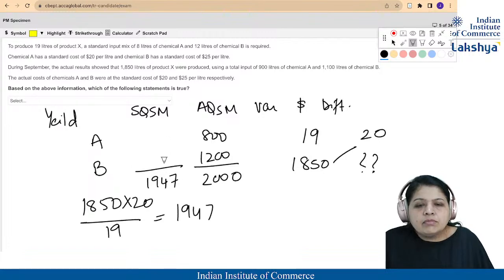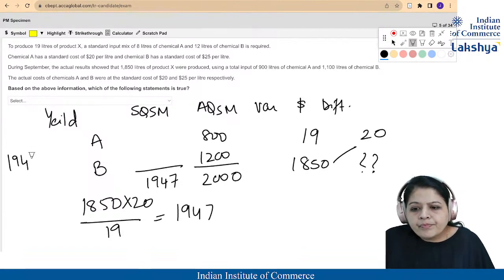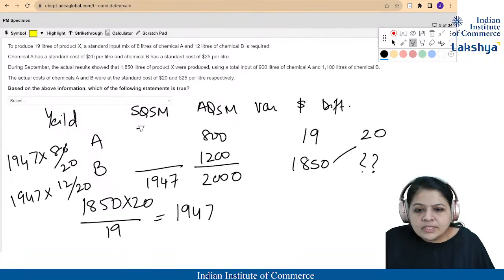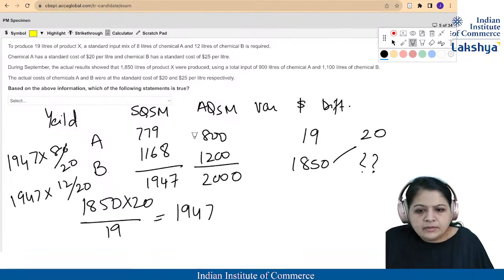And now we divide it into proportion. So basically it's going to be 1947 into 8 divided by 20 and 1947 into 12 divided by 20, right? So that comes to 779 and 1168.